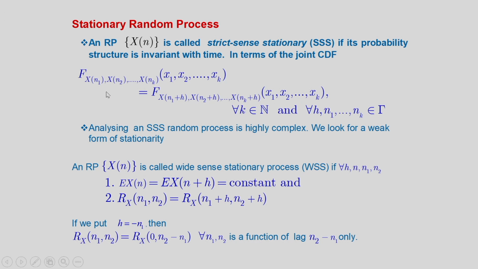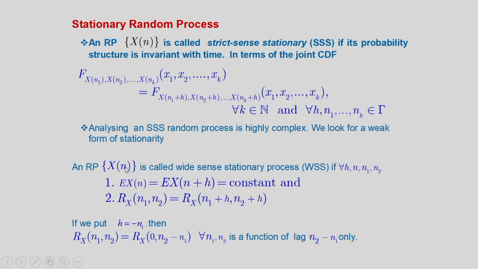Now, to analyze a strict sense stationary random process is highly complex. We look for a still weaker form of stationarity. So, that is the weak sense stationary or wide sense stationary random process.